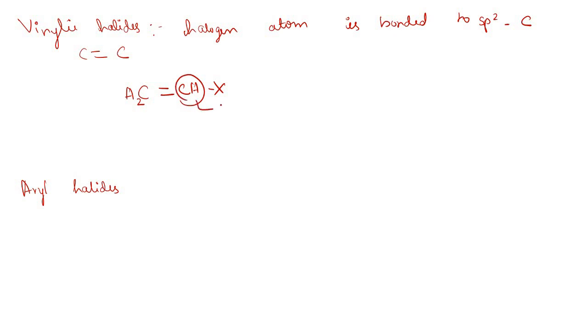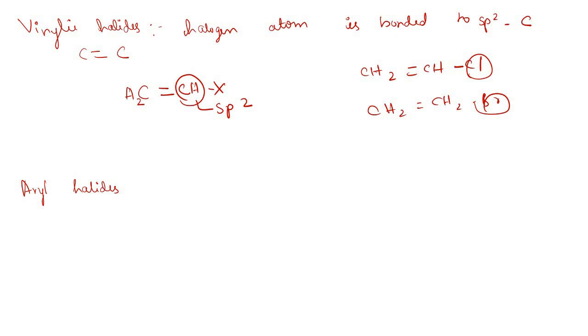This part is sp2 hybridized. Many examples you can give as well: bromide, chloride, anything; you can replace X with a halogen atom. So this is nothing but a vinylic halide. The halogen atom is attached to an sp2 hybridized carbon, that is, the carbon-carbon double bond.